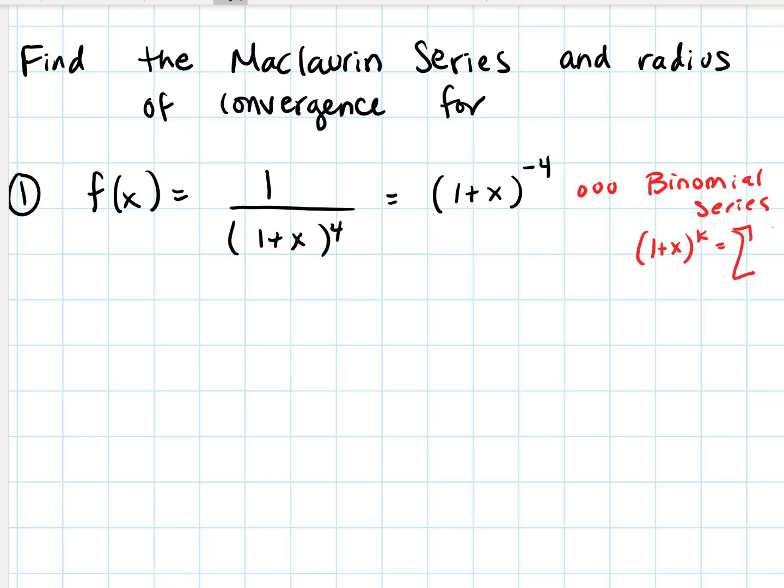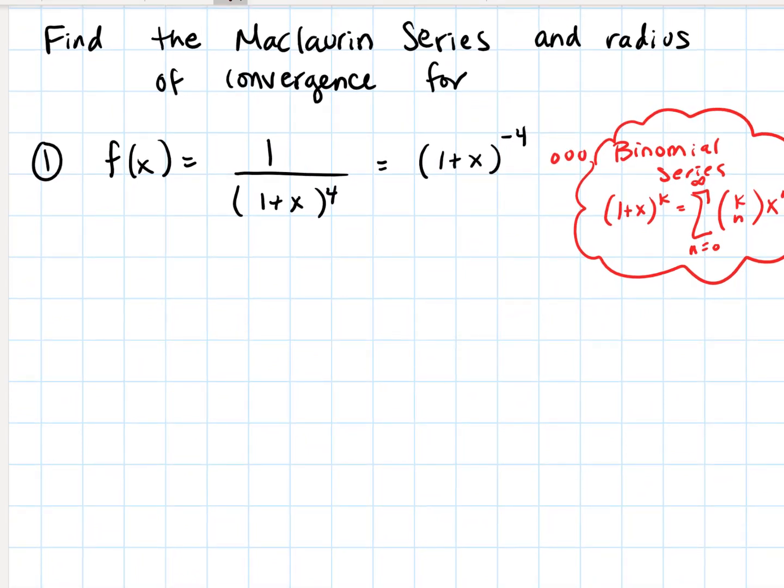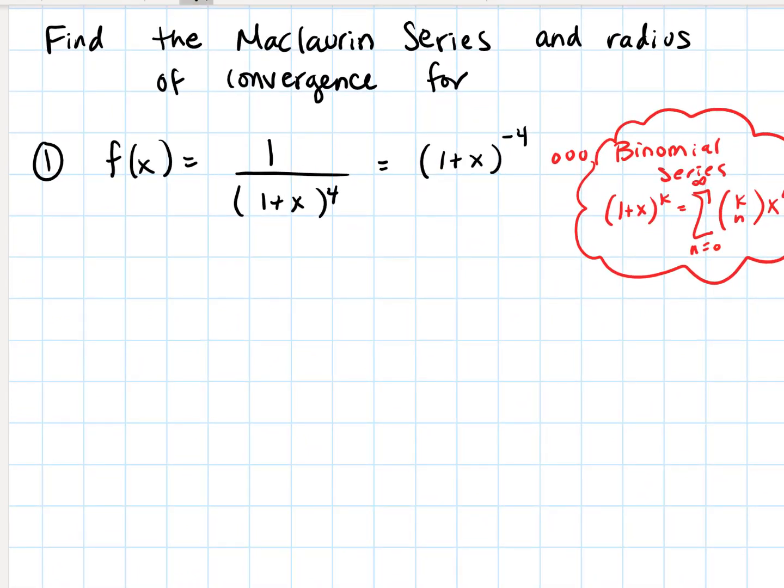Okay, so we know we just derived that binomial series, so now let's utilize it to write another function. So this time we have the 1 plus x, so there's no manipulation that needs to be done here. The power, the k value, is negative 4, so we're going to go ahead and say that 1 plus x to the negative 4th is going to be equal to the power series from n equals 0 to infinity of negative 4 choose n times x to the nth.